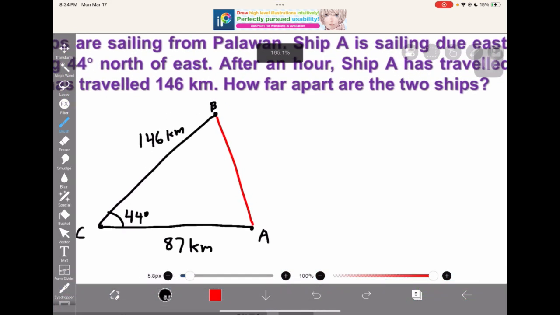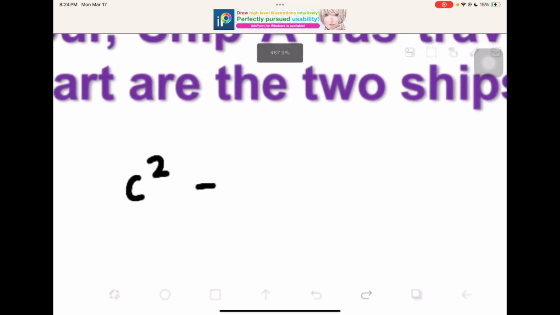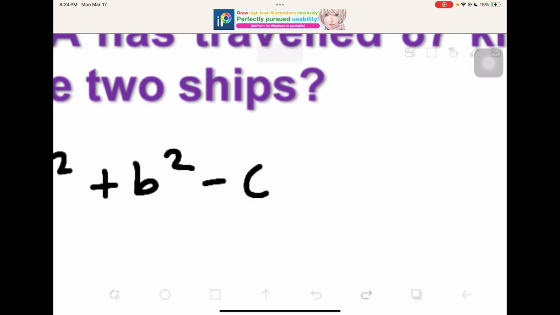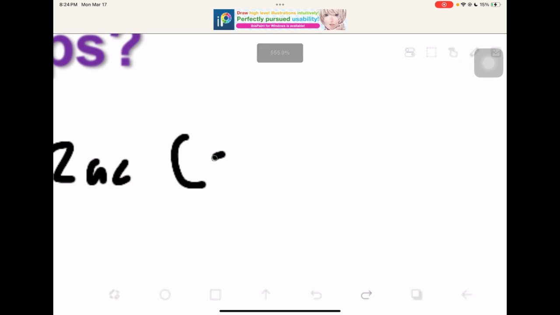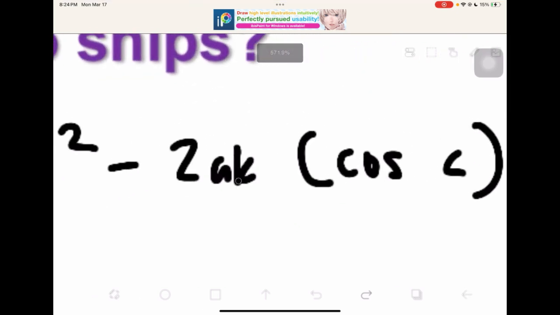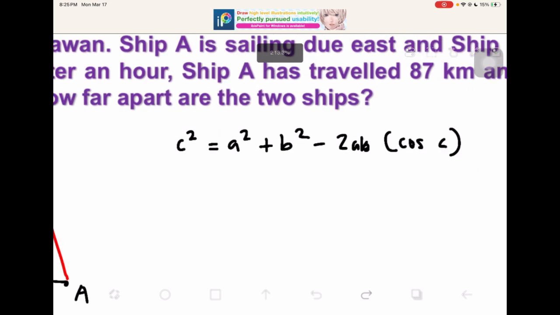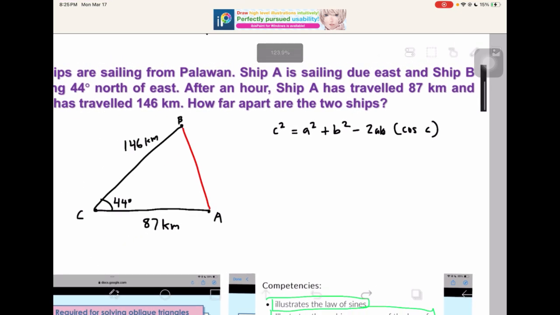Since we're looking for a side, we have to use c squared, which, to recall, is equal to a squared plus b squared minus 2ab cosine C. So let's put that into our calculator.